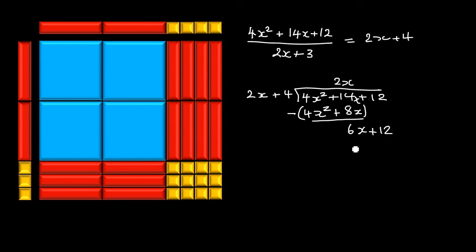Bring down the 12, and then again the 2x into the 6x gives us our 3. So we have 3 times 2x is 6x. 3 times 4 gives us 12, and we've just shown that we've got no remainders. So our answer is 2x plus 3.